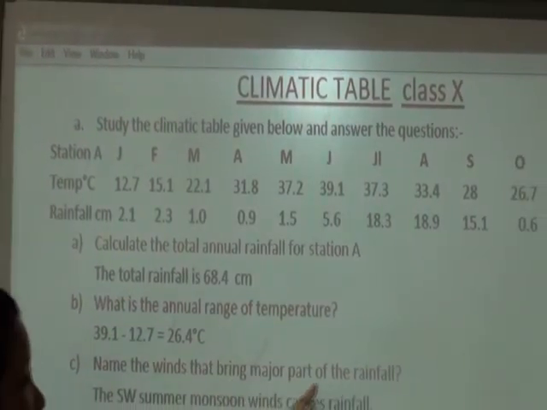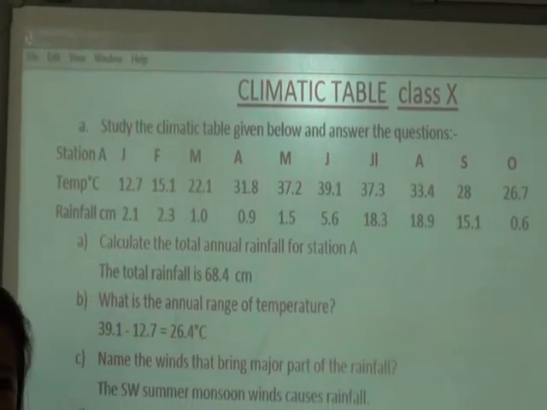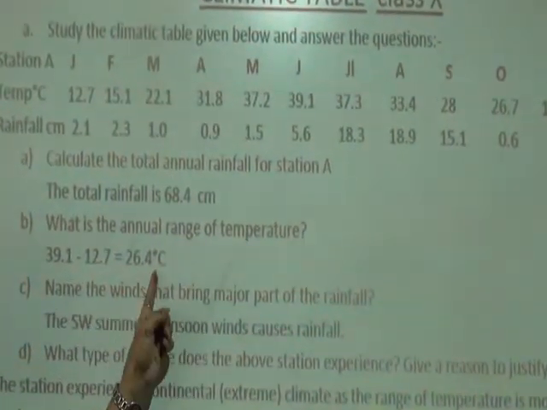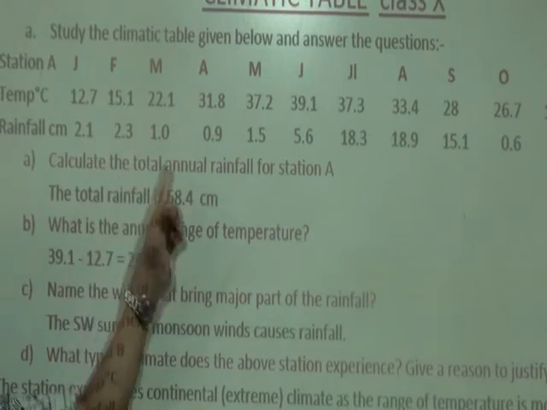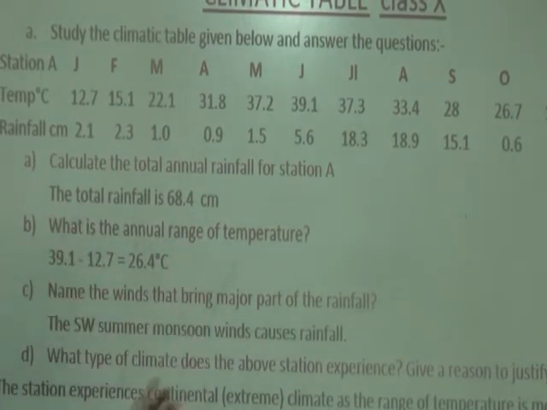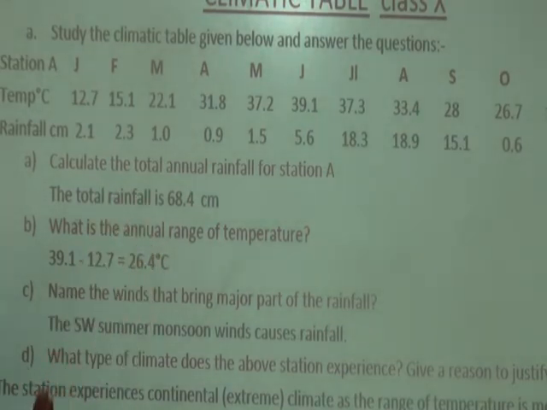Name the winds that bring the major part of the rainfall. Remember one thing: if it is continental climate and the difference is more, you know that it is an interior location, and you'll always find that the maximum rainfall is during the summer season, because there are no other sources of rainfall that the place receives. The continental region does not receive other sources of rainfall. I'm talking about the major part of the rainfall.